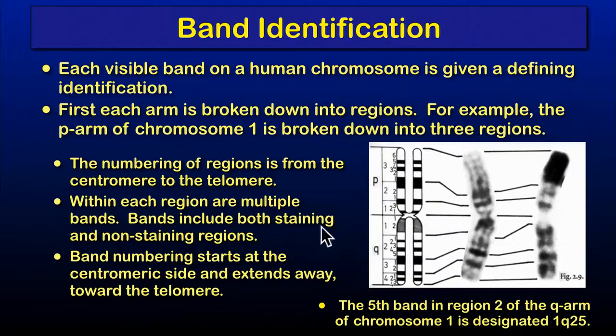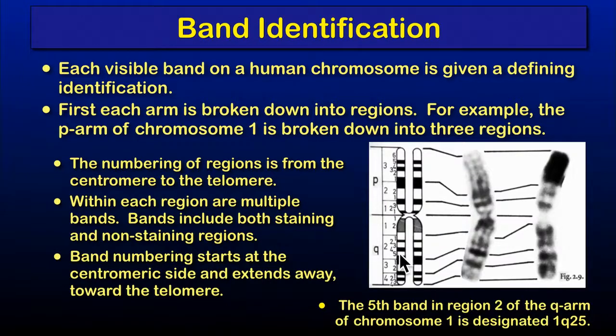So if you said the 5th band in region 2 of the Q arm of chromosome 1, those are the words. But you can simply designate that as 1q25. This is what you want to be familiar with in terms of what this means. This means chromosome 1, Q arm, region 2, band 5. And so then we could go chromosome 1, Q, region 2, band 5, right there.